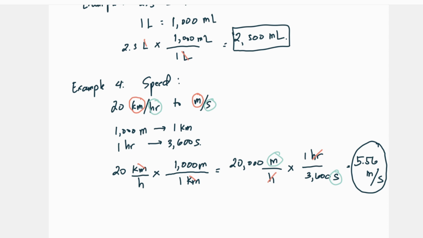So always remember the process that in order for you to cancel the units in your conversion, you must see to it that you keep track of your units and make sure that they cancel out correctly. And how do we do this is that we set our units so that they would be opposite each other in the fraction.